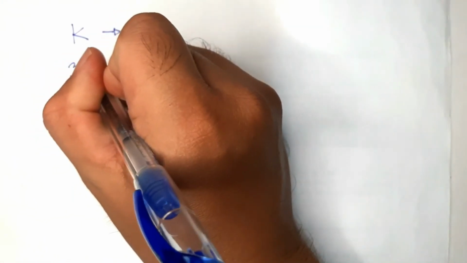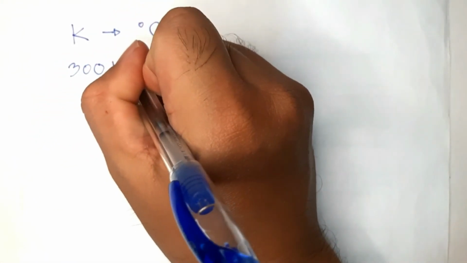So let's say we have a temperature of 300 Kelvin. How can you calculate the Celsius temperature? The equation we're going to use is this equation.